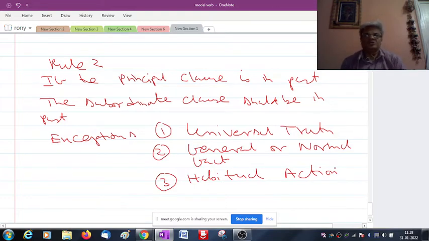You cannot drift from this rule. But there are exceptions, like universal truth, general or normal fact, habitual action. What are these? I will explain.